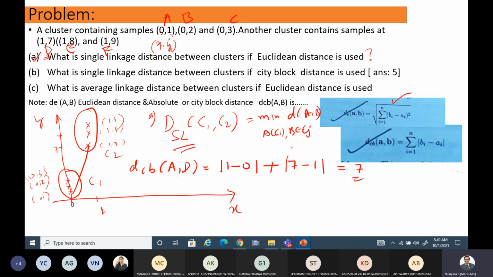Similarly, you have to calculate all 9 distances. Can you calculate all 9 distances similarly? A to C, A to D I have calculated, A to E, A to F you calculate first. Then B to D, B to E, B to F, and so on. I have already told why you need not calculate between A to B or B to C. I think it is very clear to everyone, no?